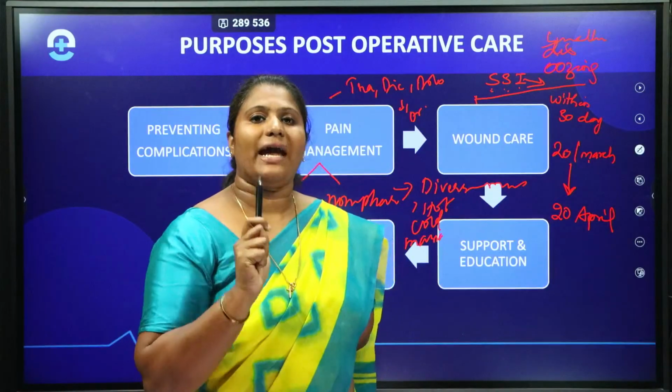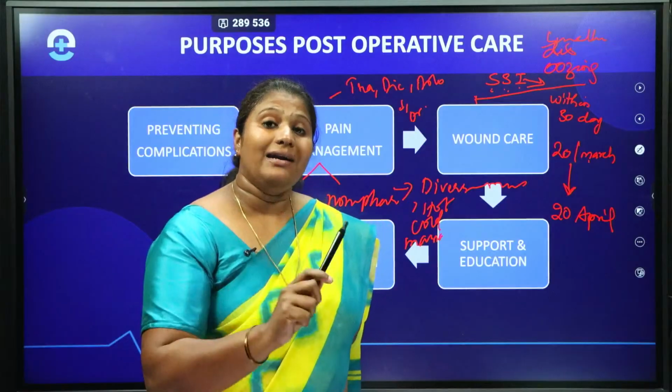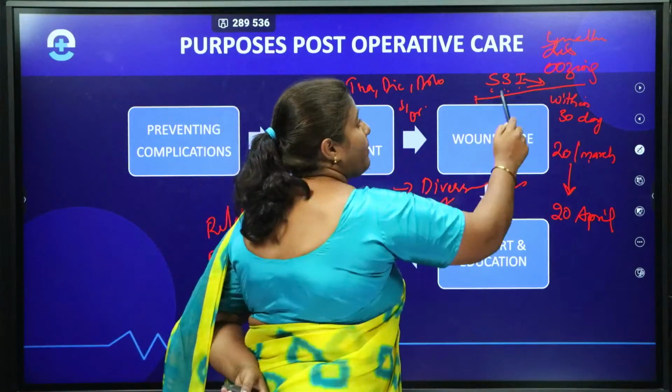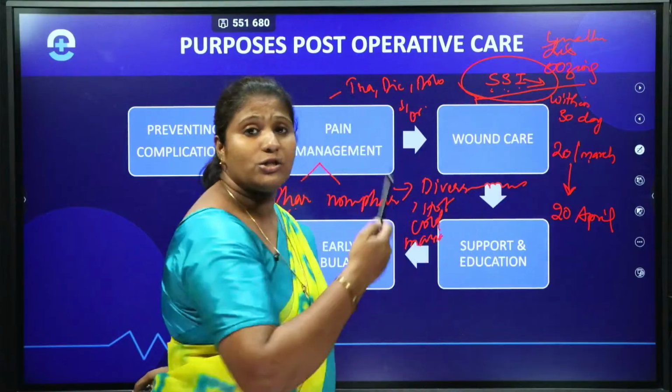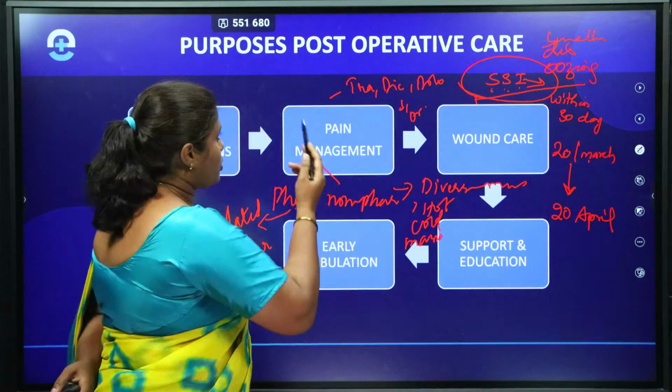So we should take care of the wound until recovery. It should not happen. This is also one kind of postoperative complication.